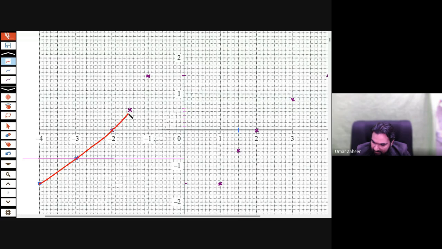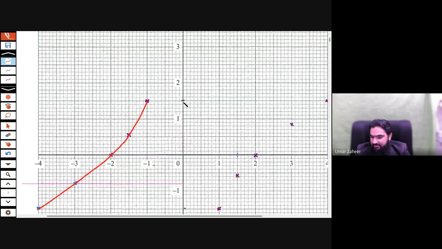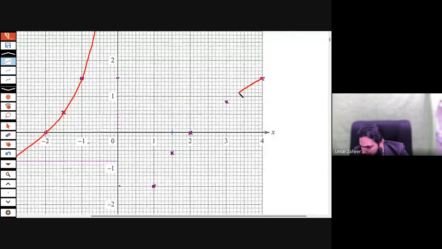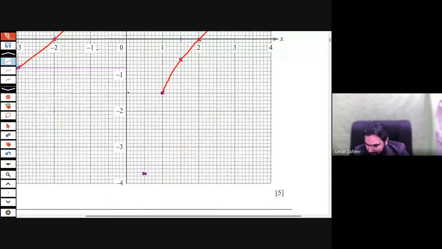I'm trying my best to make a smooth graph as much as I can, because if I make a good graph, I will get accurate values in the rest of the parts. No, that's not good.